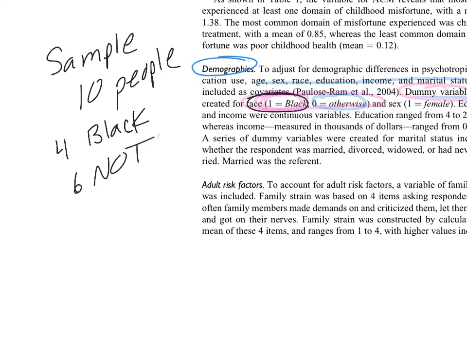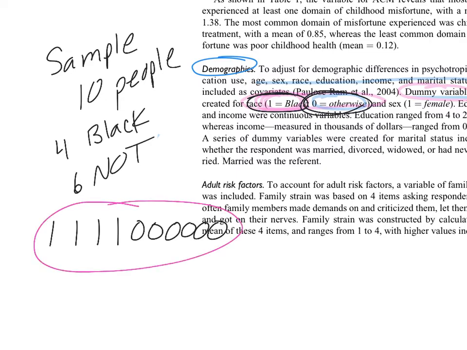If I'm finding the average, that means 1, 2, 3, 4 people that are 1s, and then 6 people who are otherwise, so that's 6 zeros: 2, 3, 4, 5, and 6. So if I wanted to find the average of all of those data points, I'm looking for the mean. So I would add all those numbers together. So that would give me 4.